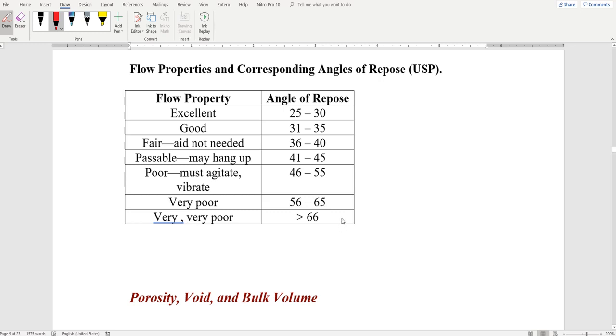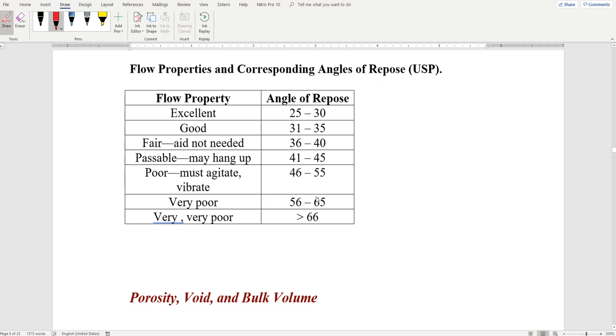Now what I want you to know is, I don't want you to memorize all these numbers, but remember for the particle size, for classifying the powder to very coarse, moderately coarse, or fine, or very fine, you need to memorize each category.